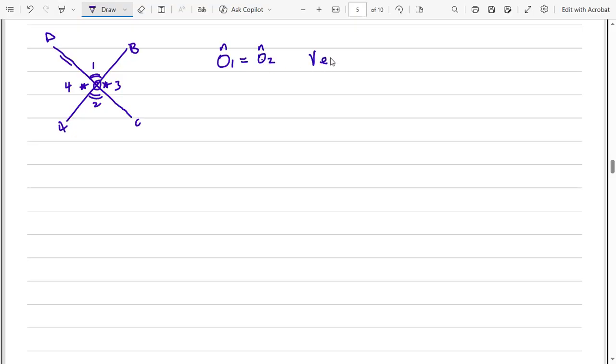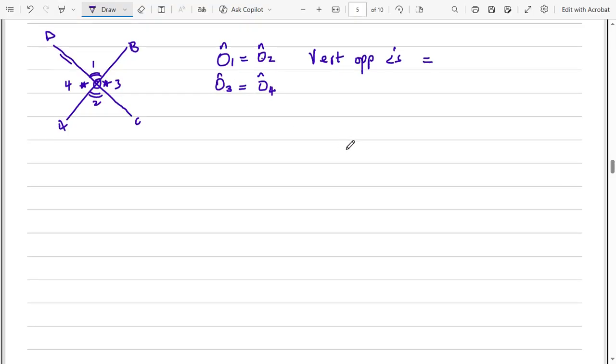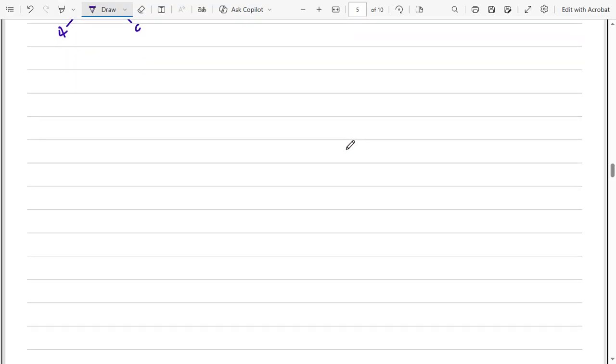Vertical opposite angles are equal. So angle O3 will be equal to angle O4. Is that making sense? Yeah. Right. So now, when you have maybe two lines that are parallel, you're gonna have what we call the fan weight. No? Yeah. Do you know the fan weight? Yeah.